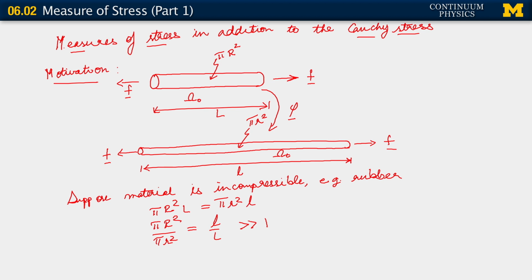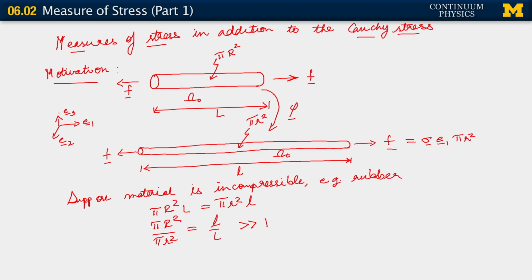But now also observe that in the setting of the current configuration, because everything is nice and uniaxial, we have that the force F is equal to sigma E1, right, times pi r square. Okay. For this, I need to make sure that my axes, my basis, is lined up properly. That's E1, E2, E3. Okay.